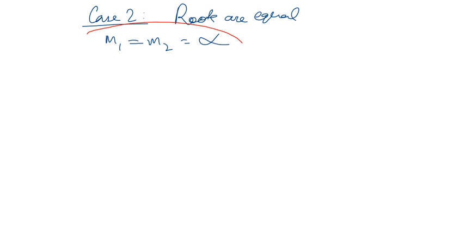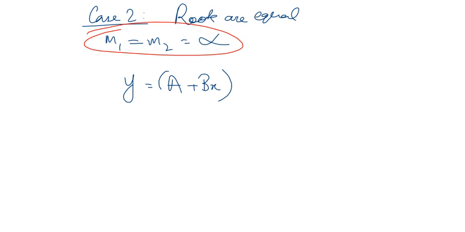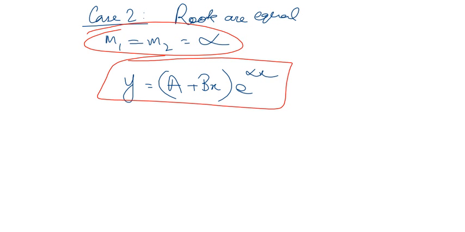So you have the same value alpha. Then your solution becomes y is equal to a plus b times x whole multiplied by e to the power alpha x, right? So this is your solution in the case that roots turn out to be equal.